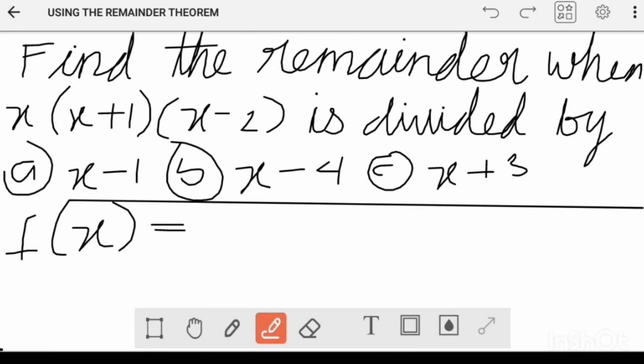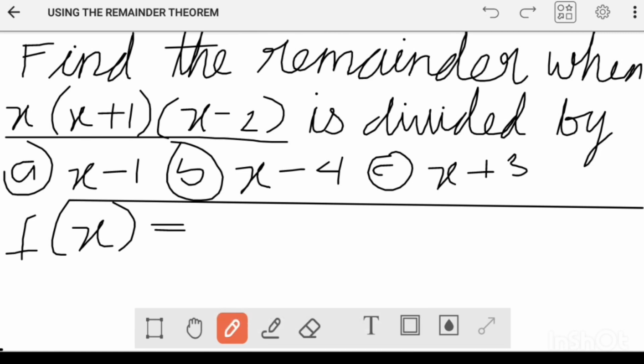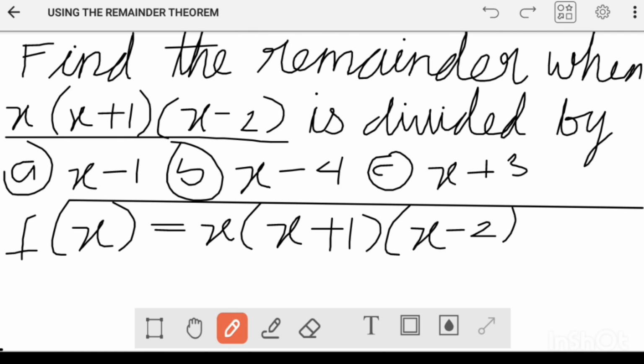So in this regard, what I will do is to multiply out this expression we have here. I'll still write x, then x plus 1, then x minus 2. So here we'll multiply the first set, which is what I've first multiplied.